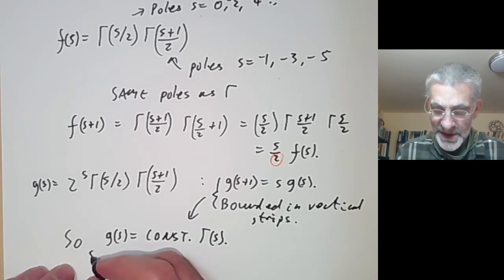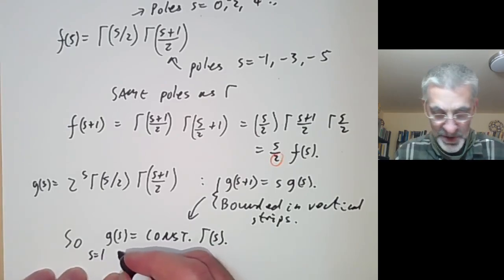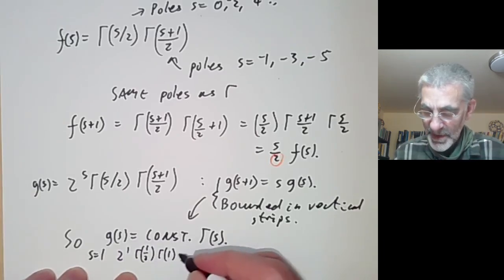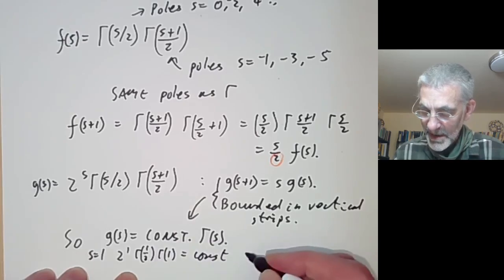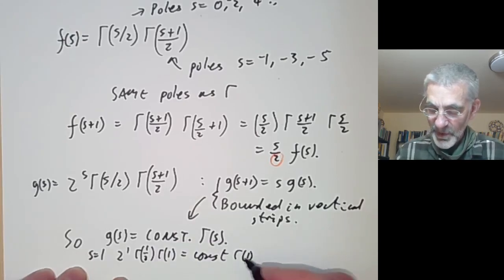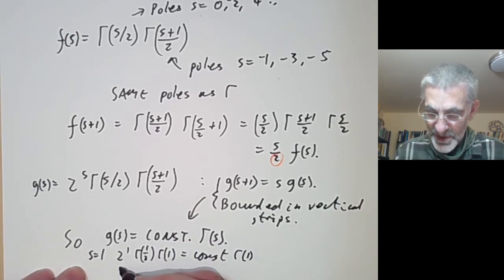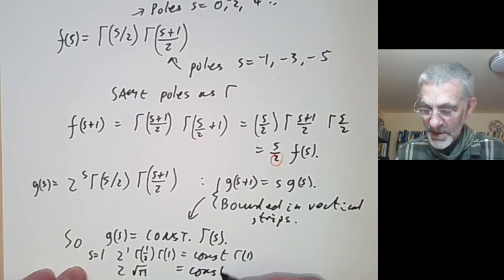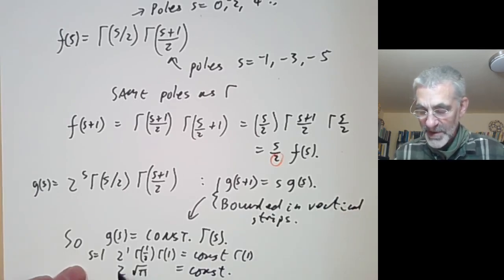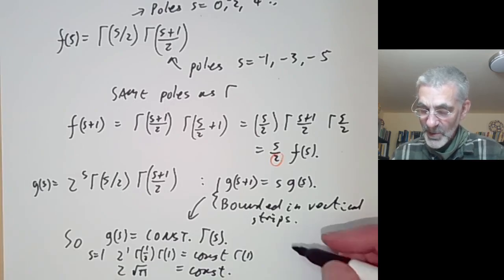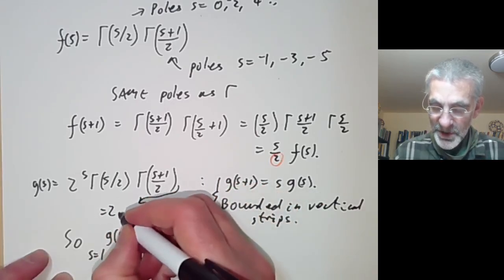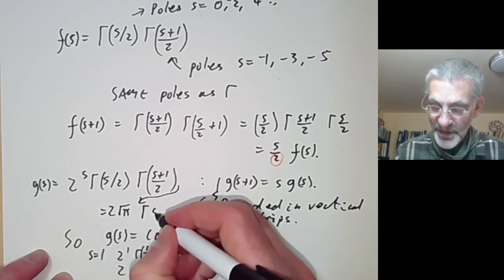Well, let's put s equals 1. So we have 2 to the 1 times gamma of a half times gamma of 1 is equal to the constant times gamma of 1, and gamma of 1 is just 1. So 2 times gamma of a half, which is root pi, times gamma of 1, which is 1, is equal to this constant. So the constant is 2 root pi. So we find that this is equal to 2 root pi times gamma of s.